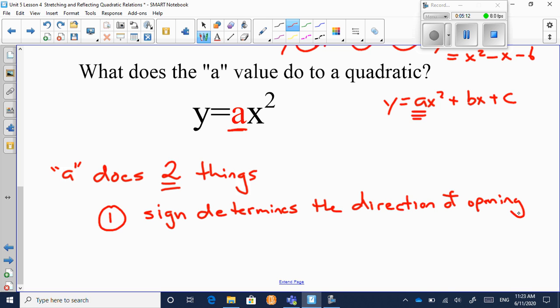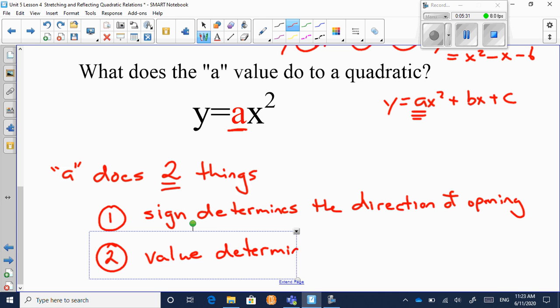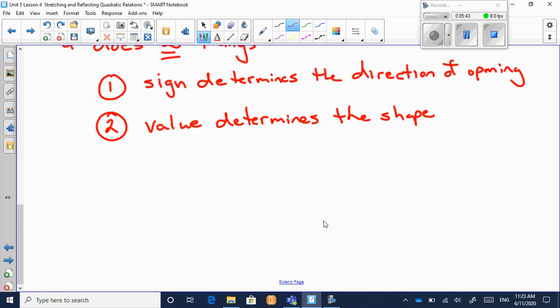So we're going to quickly look and see, what's the sign of a? And the second thing a does is its value determines the shape of the parabola.